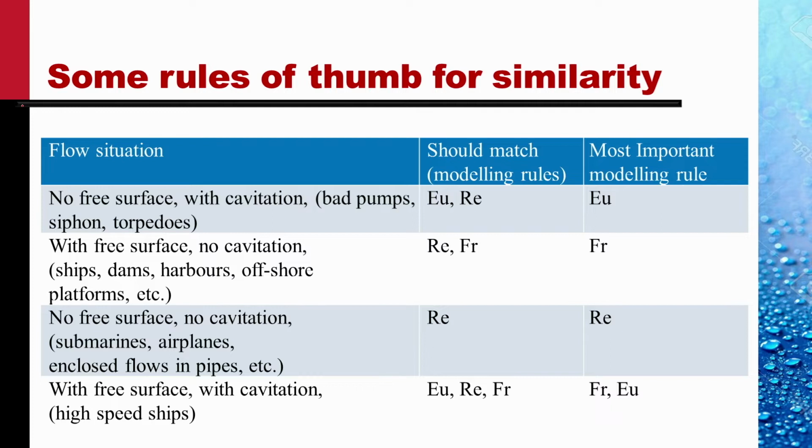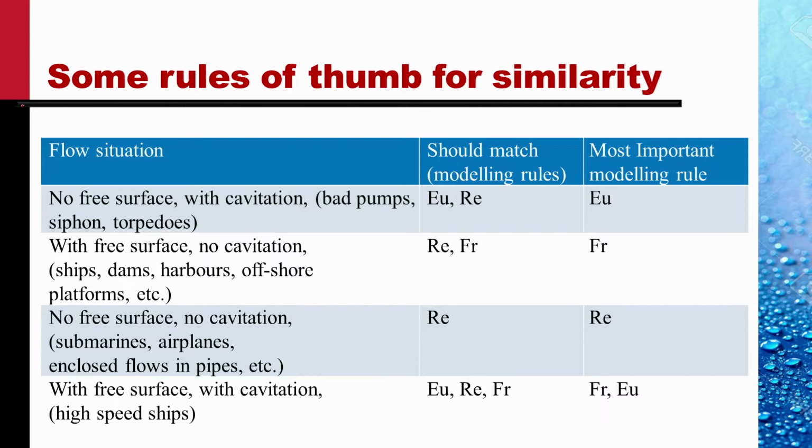But when we have a free surface but no cavitation, like ships, dams, harbors, offshore platforms, etc., the Euler number is unimportant because there is no cavitation, so that we can take the pressure difference, which characterizes the problem, as 1/2 rho V naught square, so that the Euler number drops out and only Reynolds number and Froude number are important. Again, the dependence on Reynolds number is rather low, and so we need to match Froude number.